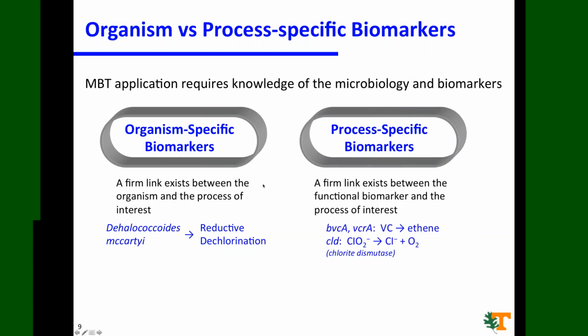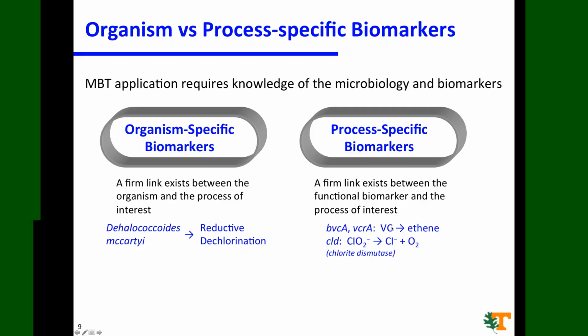You can also think about process-specific biomarkers. So here, a firm link exists between the biomarker, typically a functional gene here, and the process of interest. So as an example, bvcA and vcrA are biomarkers for the reductive dechlorination of vinyl chloride to ethene. Or chlorite dismutase is a biomarker for the conversion of chlorite to chloride and oxygen, so perchlorate degradation.